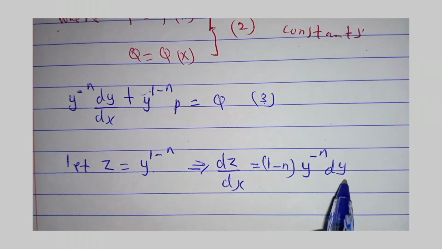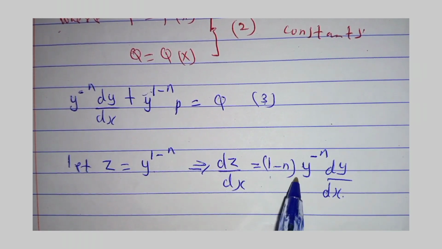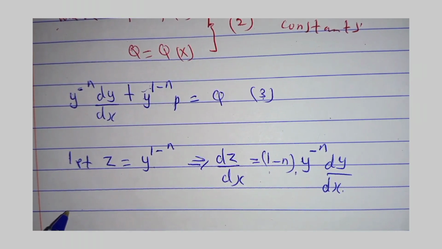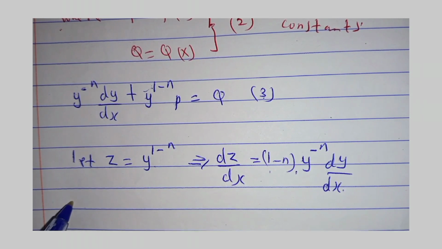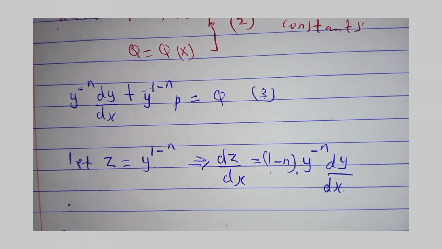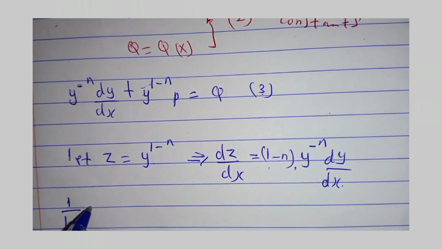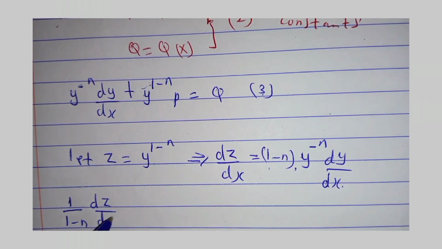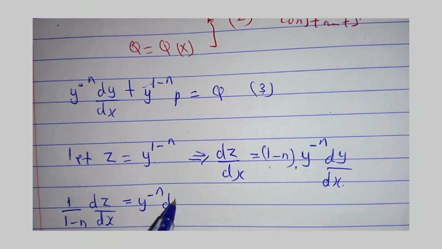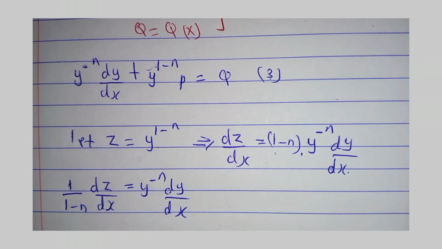Then we can divide it by 1-n throughout to have the following. So you have 1/(1-n) dz/dx is equal to y^(-n) dy/dx. So we can call this equation 4.